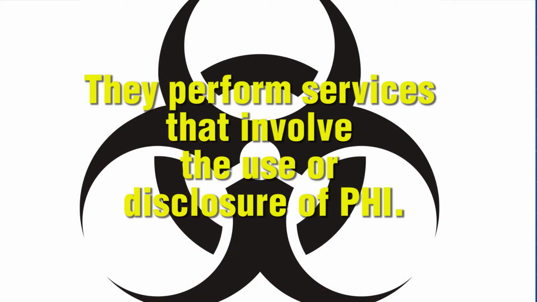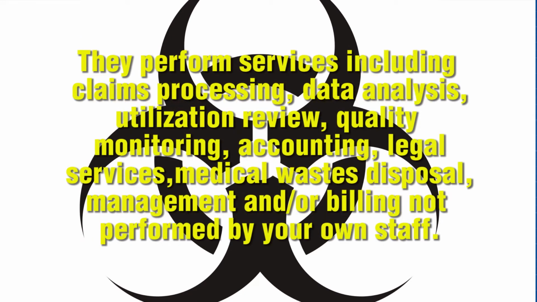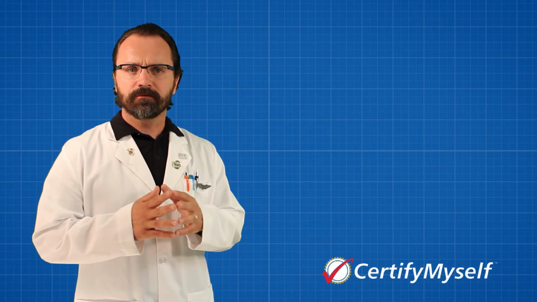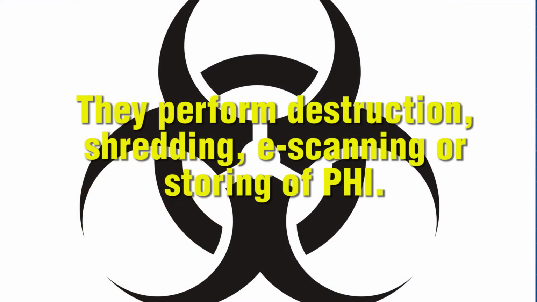They perform services that involve the use or disclosure of PHI. They also perform services including claims processing, data analysis, utilization review, quality monitoring, accounting, legal services, medical waste disposal, management, and/or billing not performed by their own staff. They also perform destruction, shredding, e-scanning, and storing of PHI.